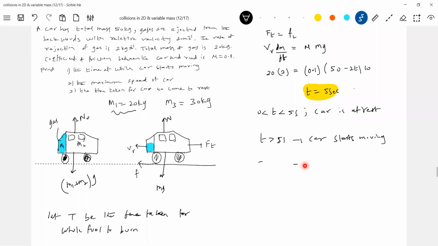Let's calculate that T. The mass of the fuel is M1, because you should not bring the mass of the car. The car will not burn, only the fuel will burn. So I'm writing here M1 minus lambda into T equal to 0. What is M1? M1 is 20. Lambda is what? 2 kg per second.